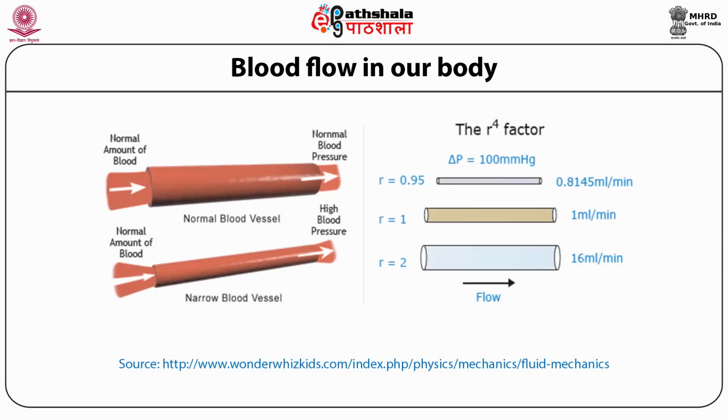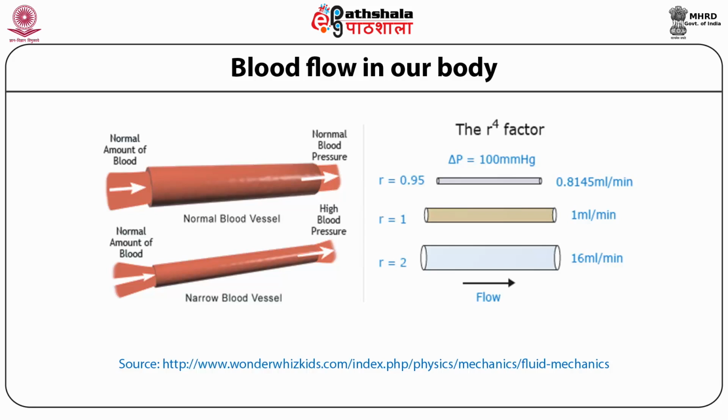As an example of the equation of continuity, here you have two blood vessels. In the first one, the upper one, you have a normal amount of blood flowing through the blood vessel, and because of that you have normal blood pressure.